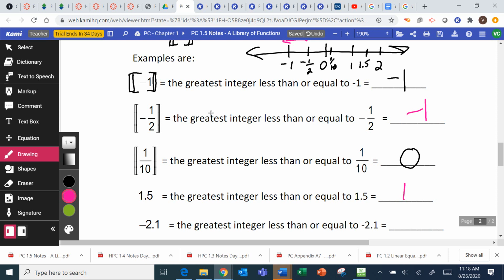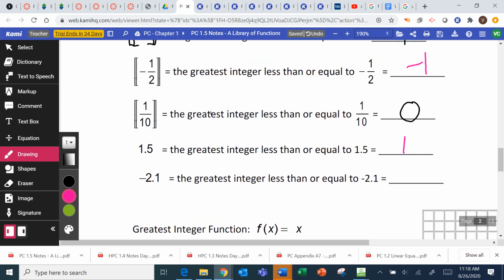All right, and then the greatest integer less than or equal to negative 2.1. Again, it's not drawn. I'm sorry, let me draw it in there. Don't yell it out. I'm going to call on somebody. Reagan. It would not be negative 2.